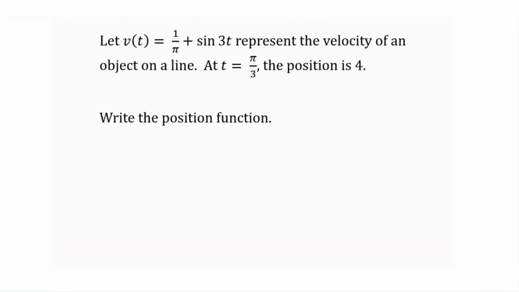All right, for the next part, we're going to write the position function. I'm going to call the position function s of t, and that's going to be equal to the antiderivative of v of t dt, where we plug in the velocity function.